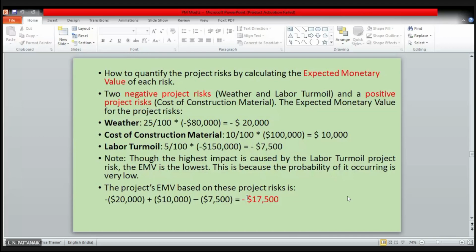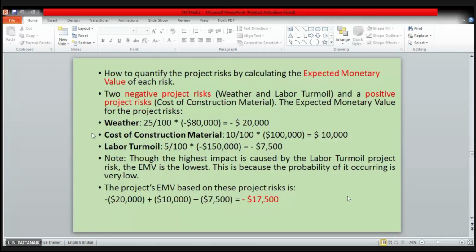Positive means you are gaining, as the cost of material is dropping. So the total effect of all these you can add up to get a figure, which is the total of the positive and negative risk involved for your project in future.